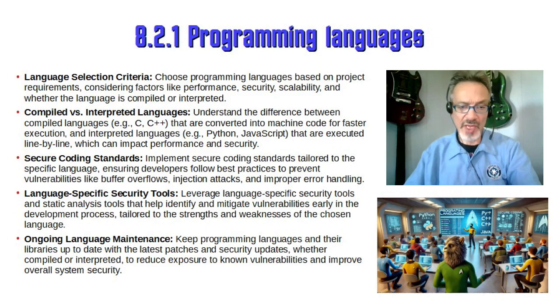Each programming language has its own set of tools that can help identify vulnerabilities early in the development process. These include static analysis tools tailored to the specific language you are working with, and ongoing language maintenance. Lastly, keeping your programming languages and their associated libraries up to date is key to minimizing exposure to known vulnerabilities.